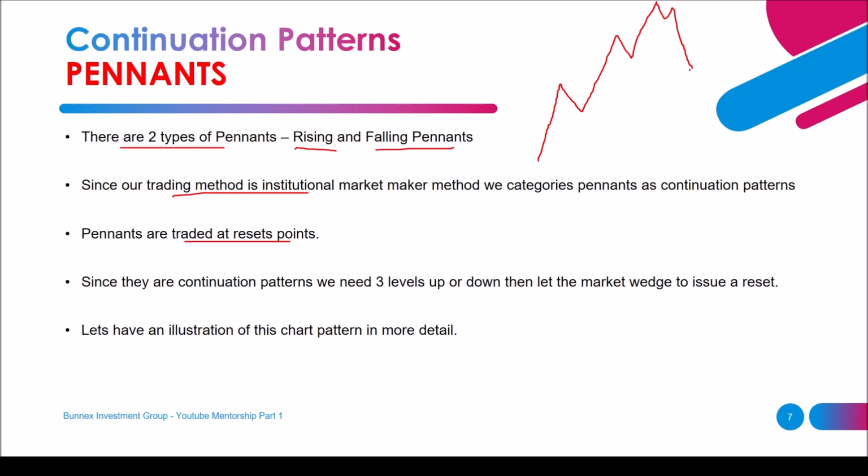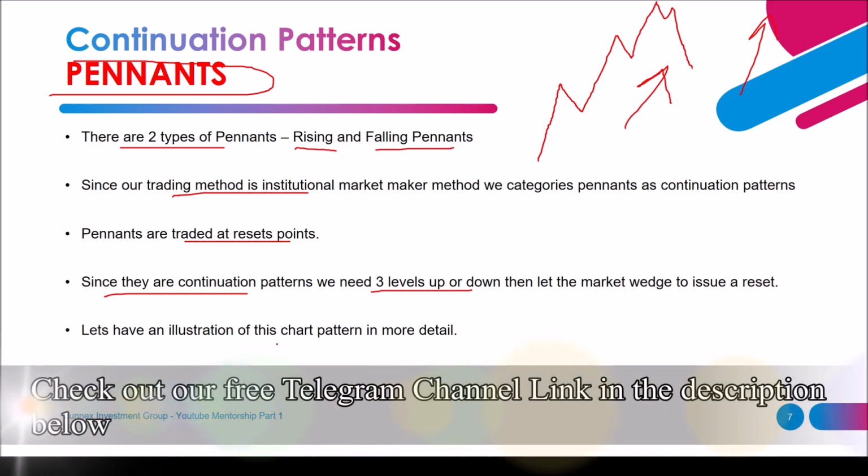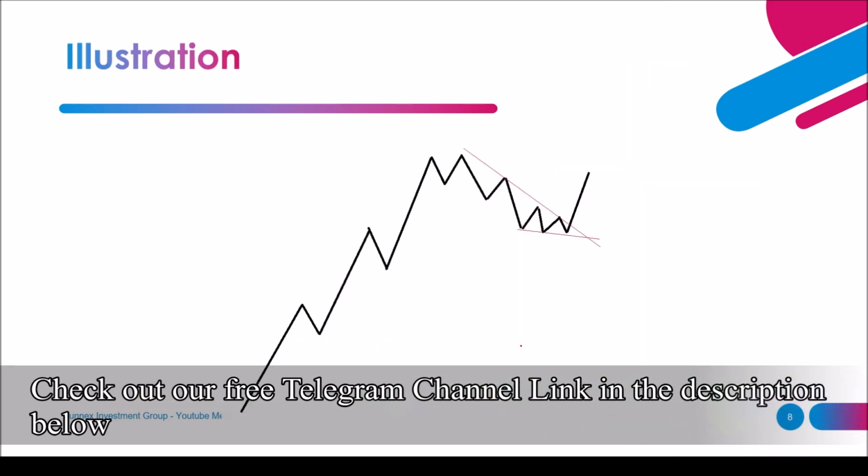So after a reversal, this was an upward trend, and we still want to see an upward trend. That is when the pennants are looked at. Since they are continuation patterns, we need 3 levels up or down, then let the market wedge to issue a reset. So let's have an illustration of this chart pattern in detail.